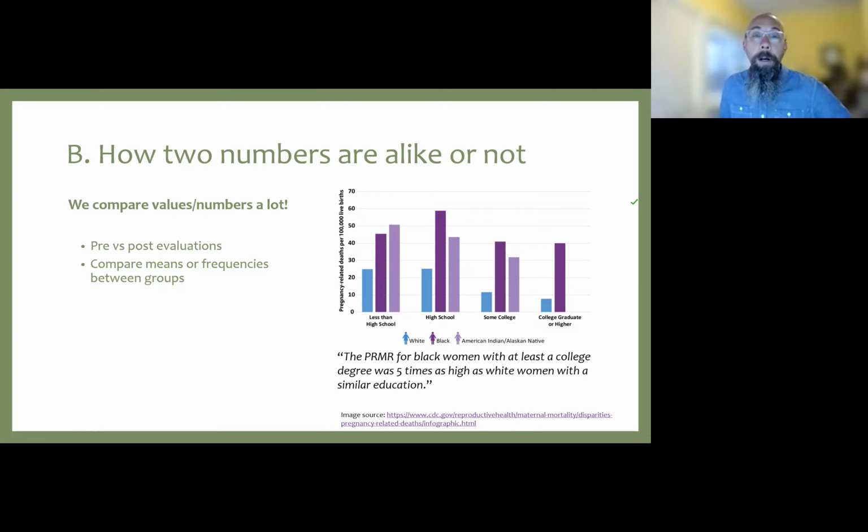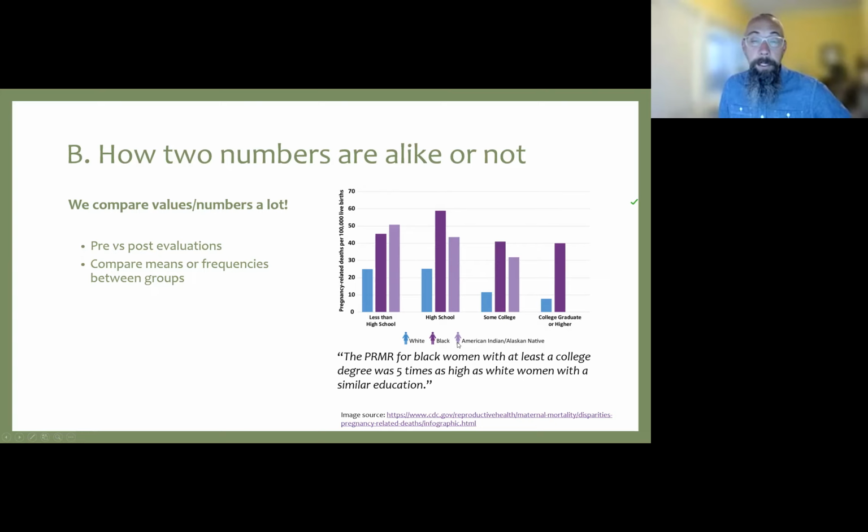Again, the reason for our love of bar charts is they're a really handy way to compare values. So examples would be a pre versus post evaluation of a program, or comparing the means or frequencies between groups, any number of things. So this is from a CDC infographic. The pregnancy-related mortality rate for Black women with at least a college degree was 5 times as high as white women with a similar education, right?